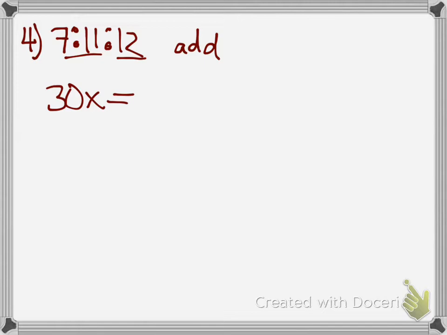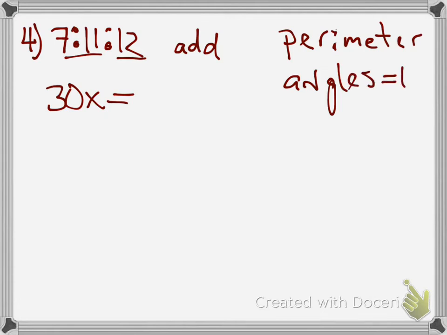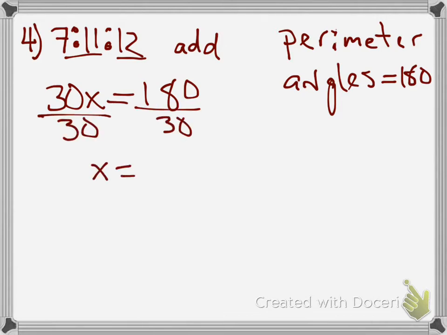Either you set it equal to the perimeter, whatever that perimeter may be, and that would be a 4th number I would have to give you. Or if the word is angles, you're going to set it equal to 180. Because when we have angles, we always equal to 180. In this case, we have angles. So you divide by 30. You get x equals 6.